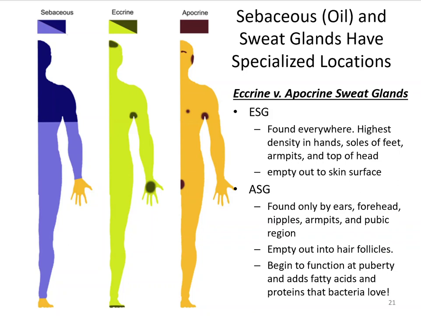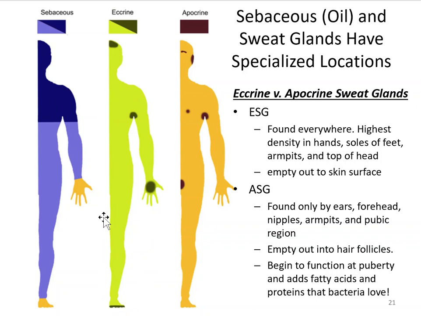Now, two different types of sweat glands. So we'll have eccrine sweat glands and apocrine sweat glands. I'll say ESG for eccrine and ASG for apocrine. In terms of the maps, eccrine sweat glands is anything in green, which means you can find them anywhere on the body.